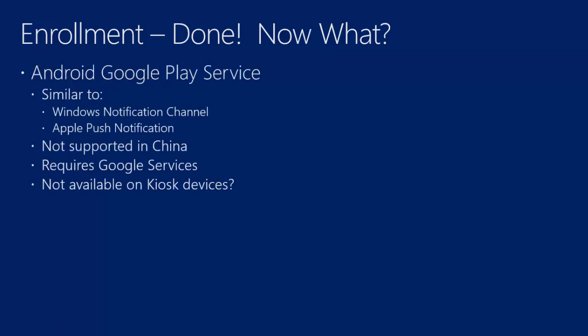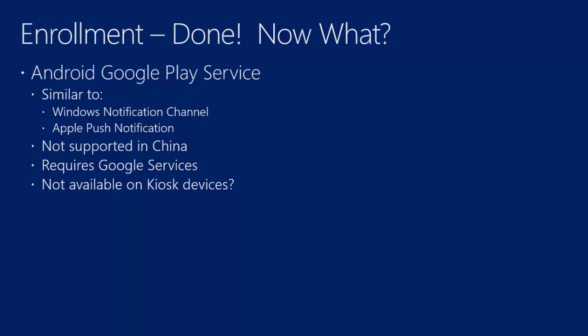Okay, so again, enrollment done, now what? So one thing to understand, and one thing I want to try to illustrate to you here in the console in just a minute. So I talked about in Windows and in iOS sessions that there is a service that will maintain a persistent connection to the Windows device, to the iOS device, right?